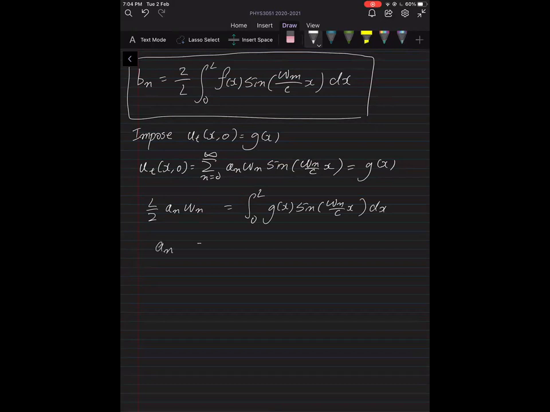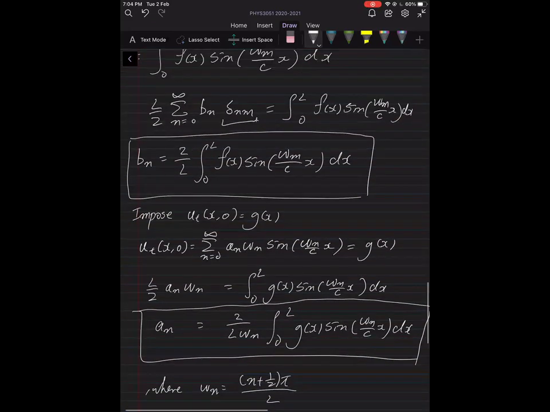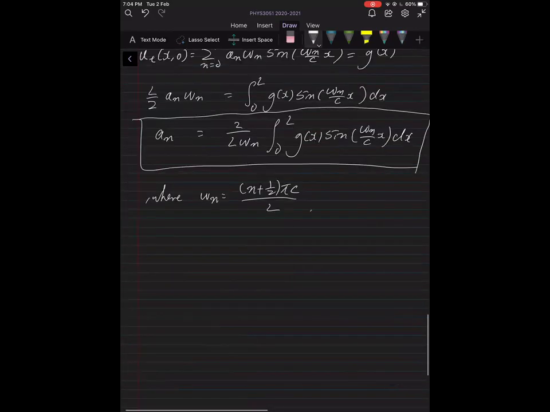So A_n equals 2 over L omega n times the integral, where omega n equals (n plus 1/2) pi over L. Where do we have a c? Yes, we have a c here.